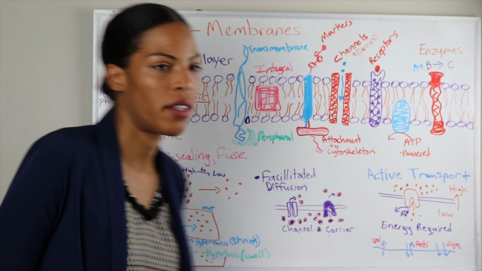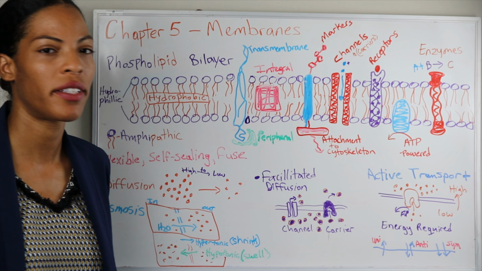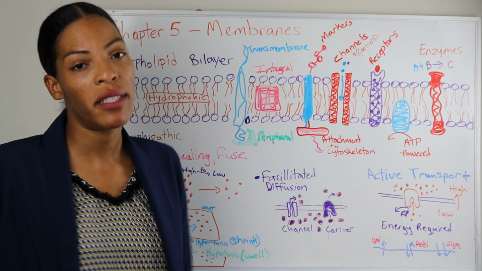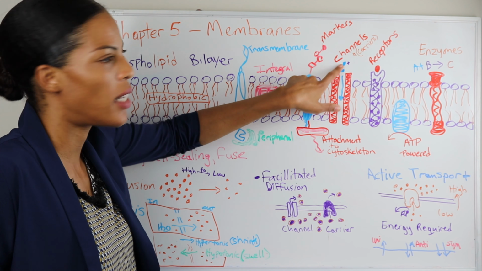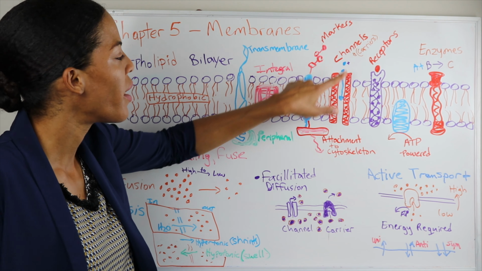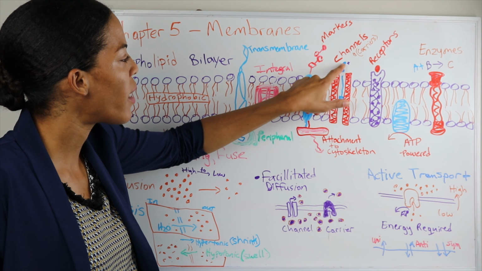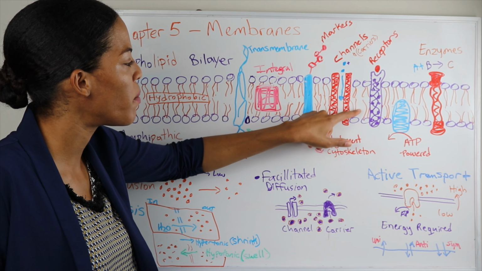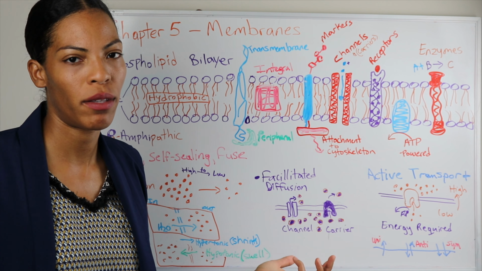So let's say it has a charge, okay? So it has a positive charge. This ion will be small, but guess what? This means that it's charged and it is polar. And this part of the cell membrane is not polar. So this ion wouldn't really get through this part of the membrane on its own. So it would have to have a pathway to get through.